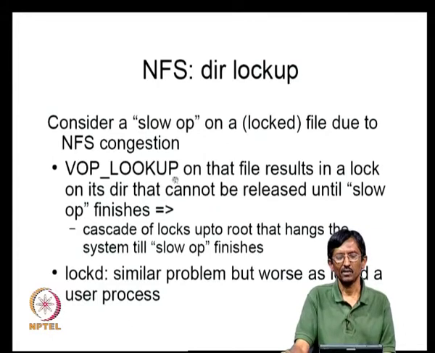Now, by bad luck, somebody else is also looking up that file, let us say we are coming to NFS. When you are trying to look up some information, you want to make sure that the information you are looking for is stable.